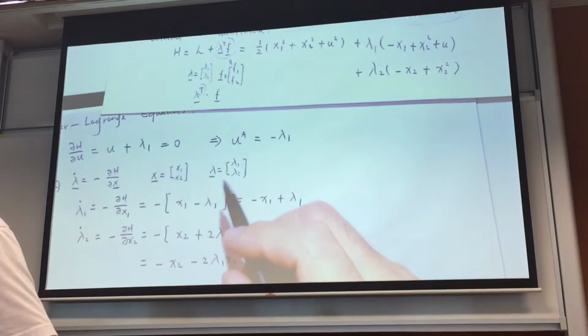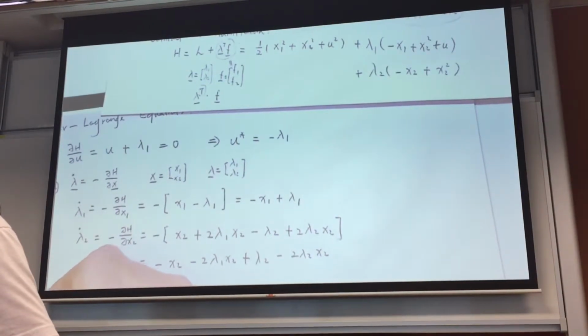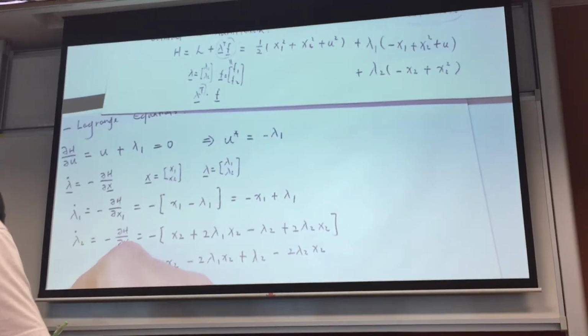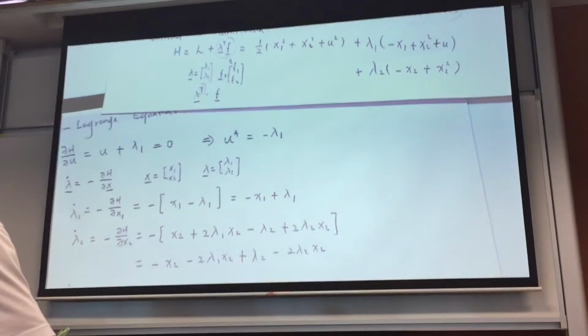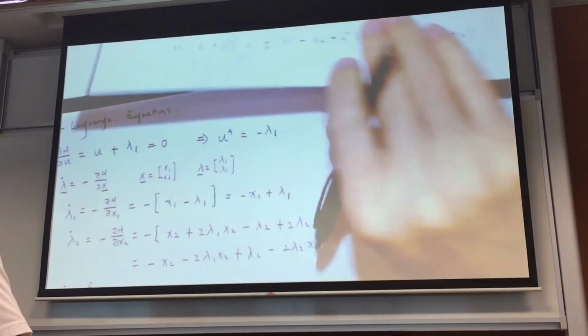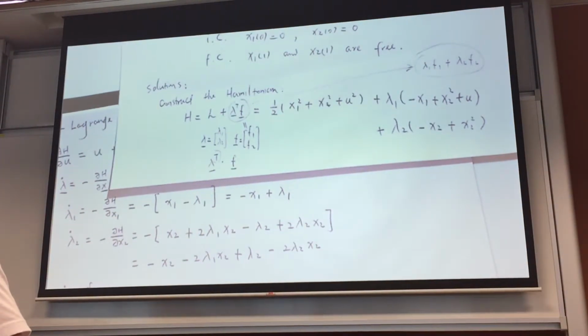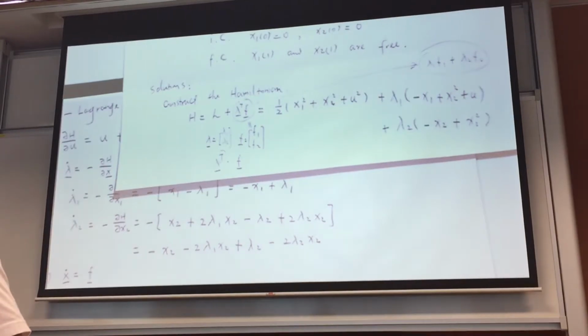In the Euler-Lagrange equations, we have another set of equations, which is just x dot equal to f. This is actually the same as our constraint.